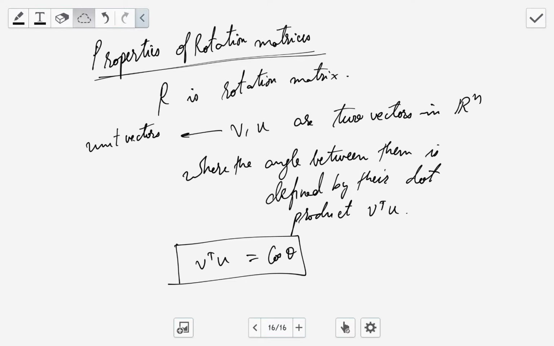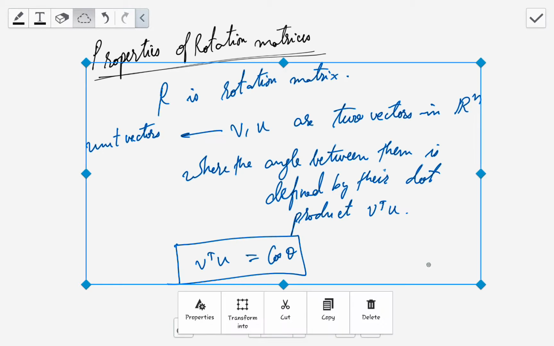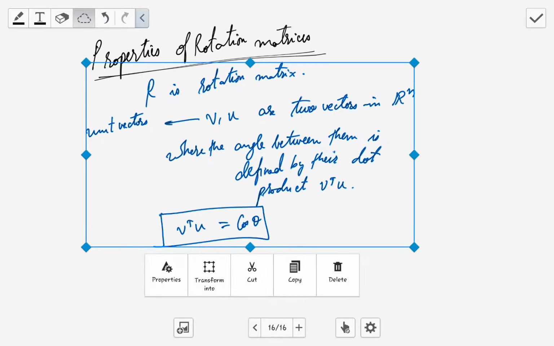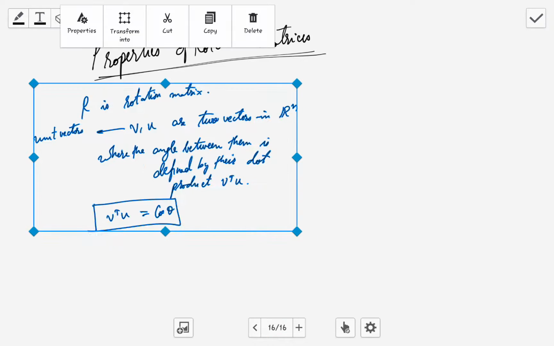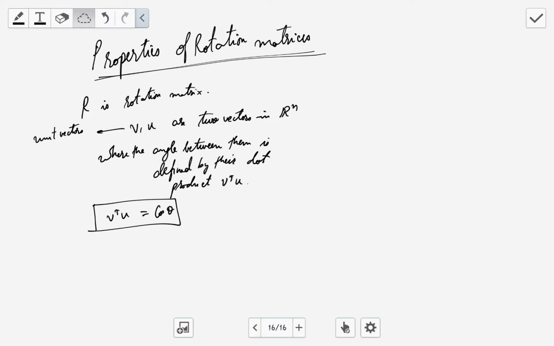Now see, when two vectors are rotated, the angle between them is the same. Obviously. Even in any space, the angle between them should be the same, right? Yes.